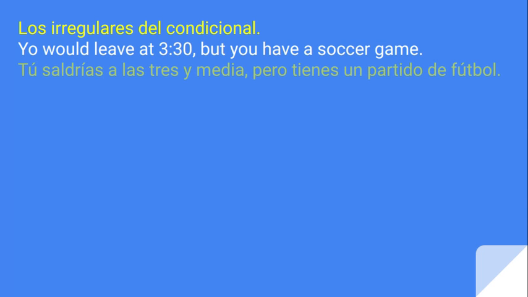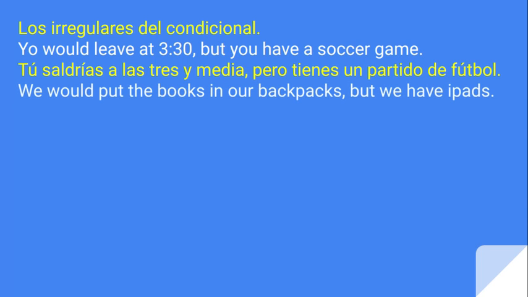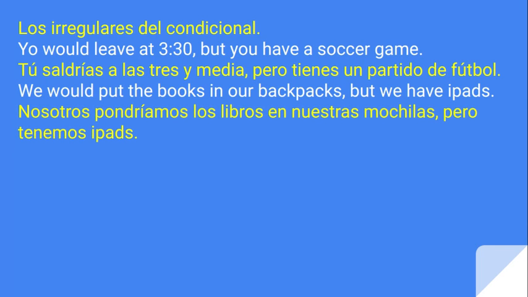Tú saldrías a las 3:30, pero tienes un partido de fútbol. We would put the books in our backpacks, but we have iPads. Nosotros pondríamos los libros en nuestras mochilas, pero tenemos iPads.